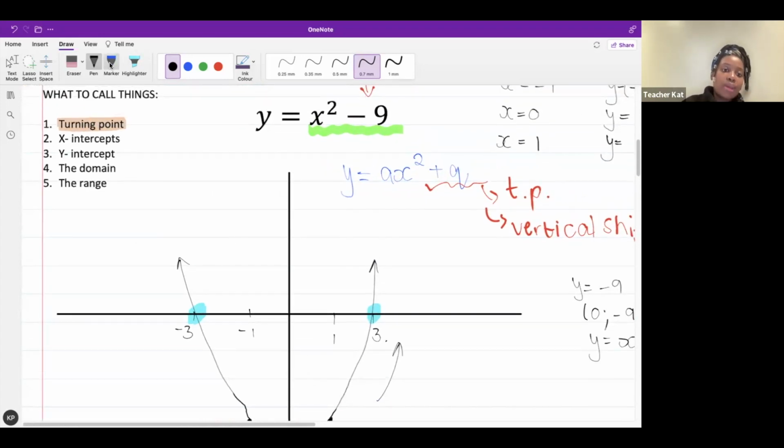Now we move on to domain and range. What are my domain and range, guys? I know this is a lot of information, but you guys will have to just forgive me. What is our domain and our range? Domain is x values, but what about them? It tells us something about the x and y values.